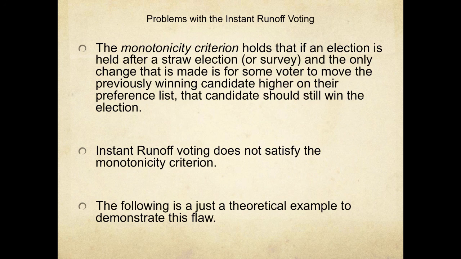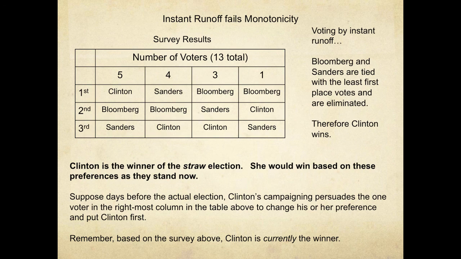Theoretical example here that I'm going to show how it could happen that instant runoff would fail this condition. So voting by instant runoff here, Bloomberg and Sanders are tied with the least first place votes, and they would be eliminated because we've got 13 voters, half of that 6.5. Nobody has a majority. Clinton's at 5 votes. It's almost, but it's not a majority.